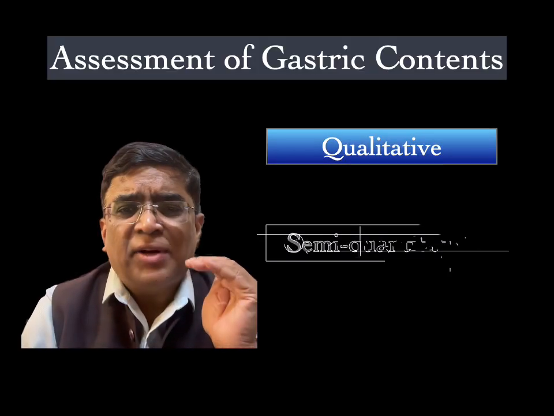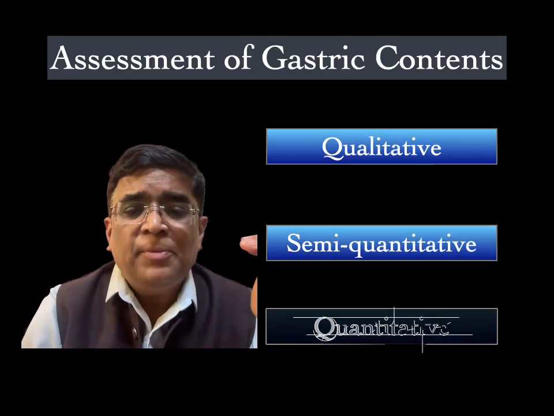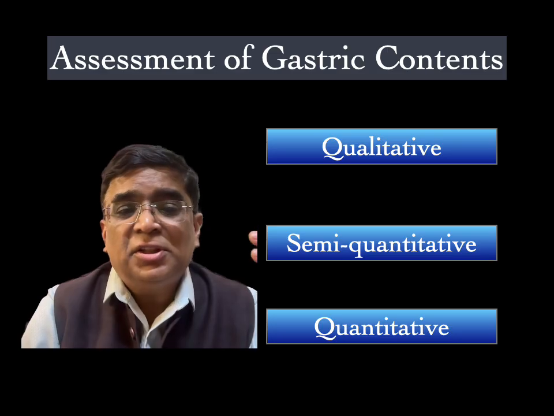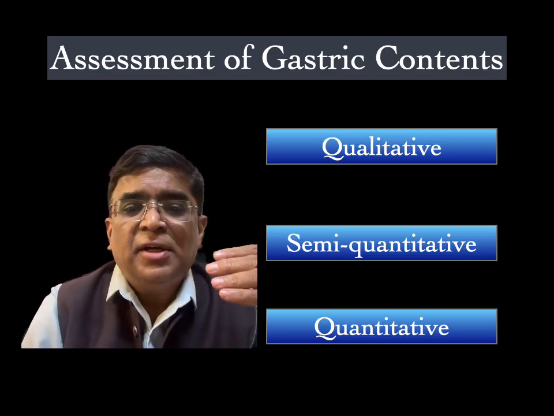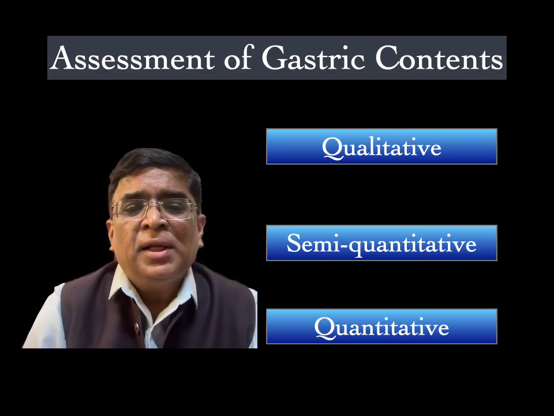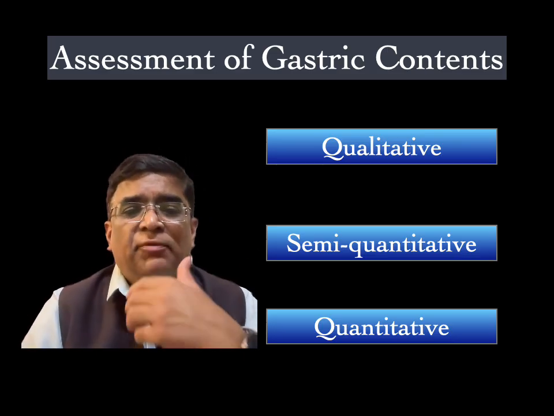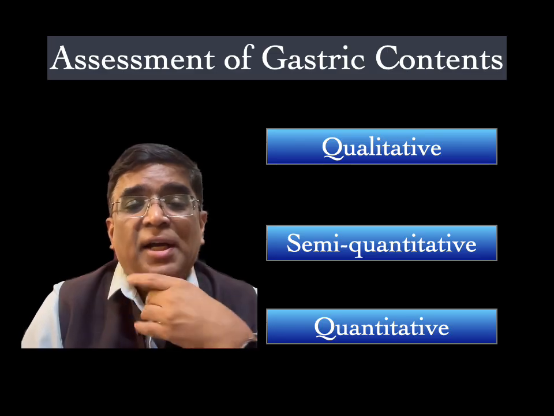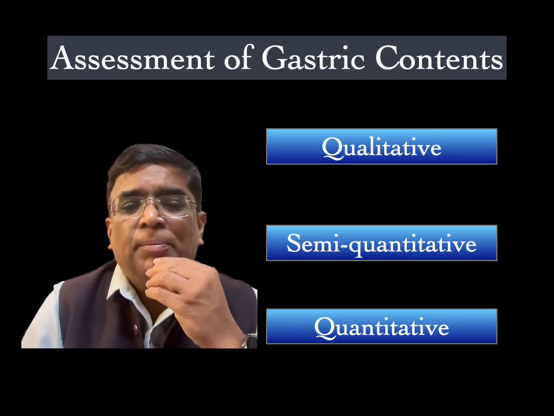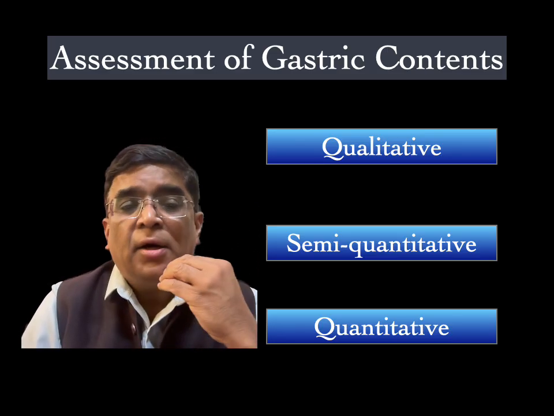When we do assessment of gastric contents, we follow a three-step pattern: qualitative, semi-quantitative and quantitative. Qualitative means expressing a quality, for example somebody is good or bad, or tall or short.